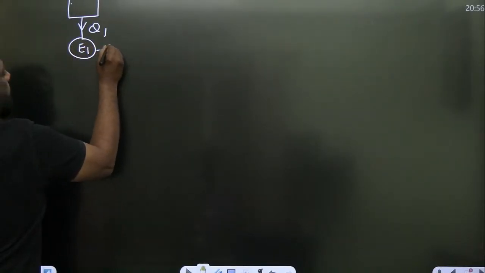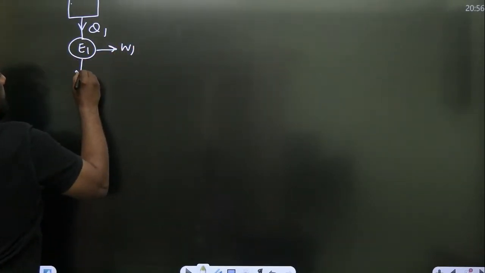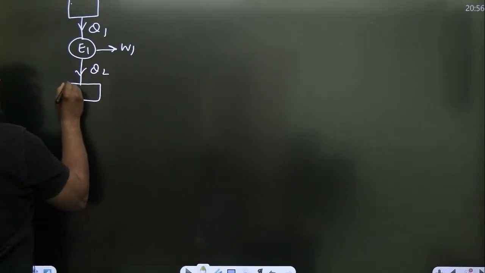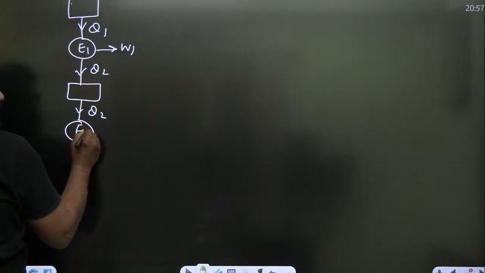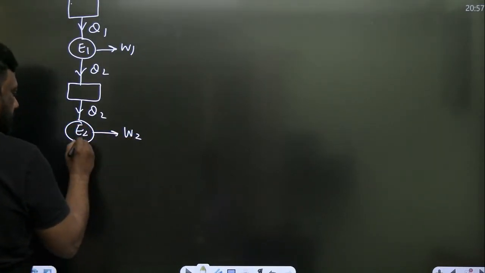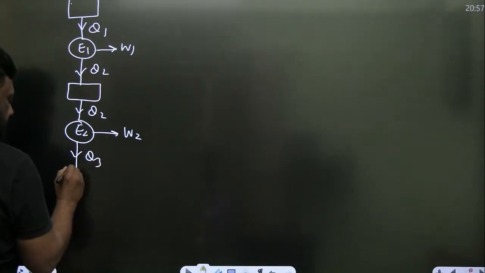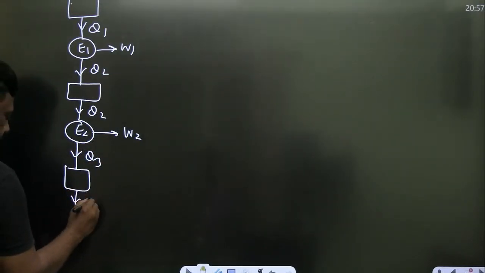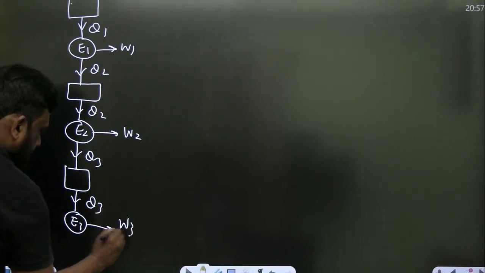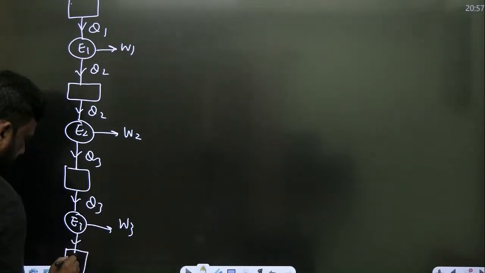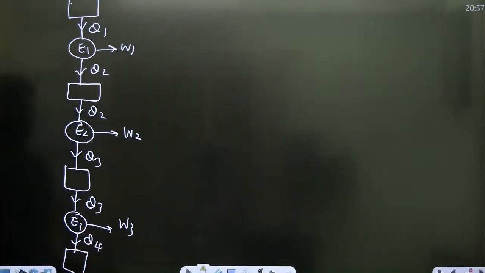Engine 1, work 1, Q2. And the same is given to second engine 2, work 2. This is Q3 and the same is given to engine 3. This is work 3 and this is Q4. There are 3 engines connected. Whatever the first one is rejecting, the second is absorbing. Whatever the second is rejecting, the third is absorbing.